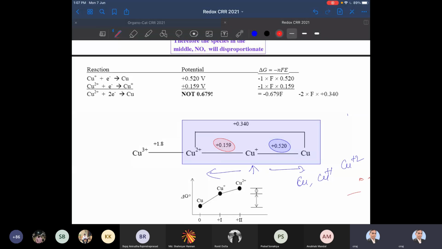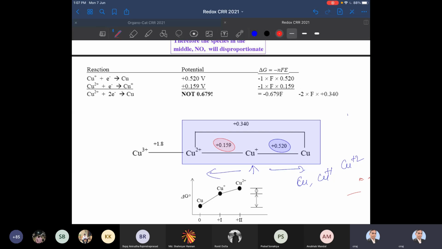Instead of doing a calculation on whether it's thermodynamically favorable or not, the simple solution is this: whenever the left hand side potential, which is a reduction potential, don't convert anything, the reduction potential that is given, is less than the right hand side potential, here the copper 2 to copper 1 couple is the left hand side, copper 1 to copper 0 is the right hand side.